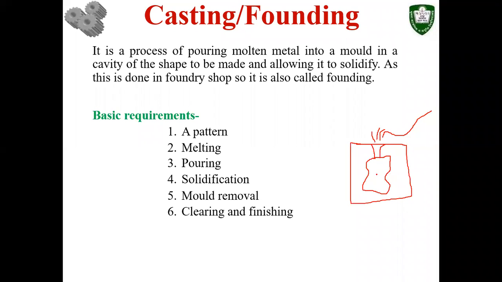And if you want to make it faster, not like natural cooling, then you might want to introduce some holes in here, so that cooling water or cooling medium or air can be circulated through the holes around the part, so that you can make the casting faster. That means cooling time will be reduced, you can take the part out, and the production capacity will be increased. So the solidification method is also important in the case of casting.